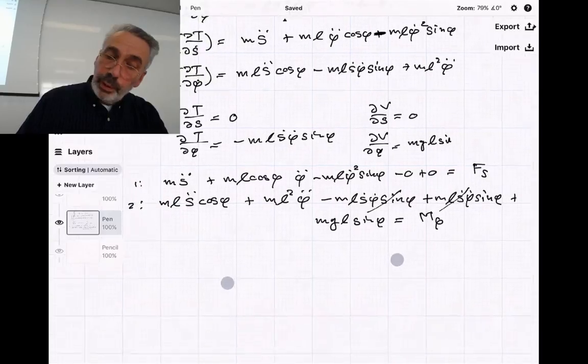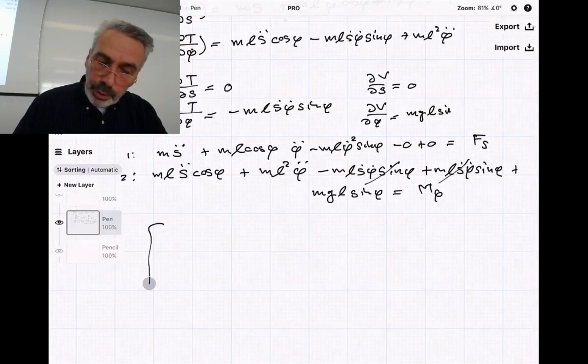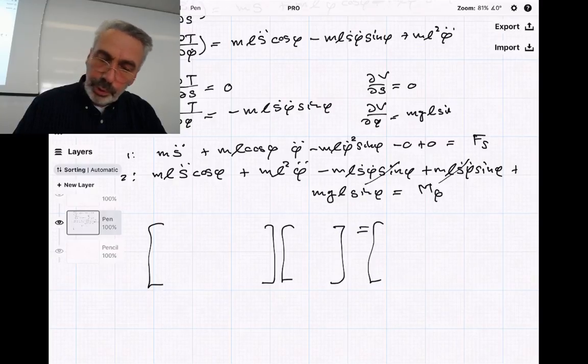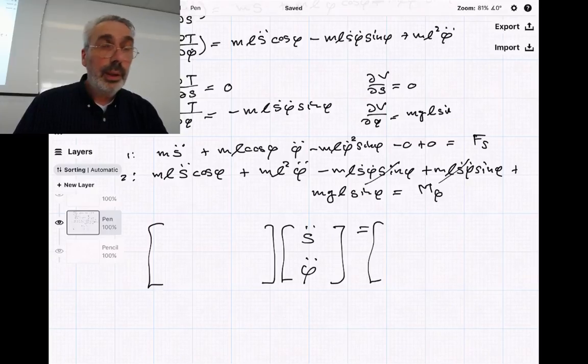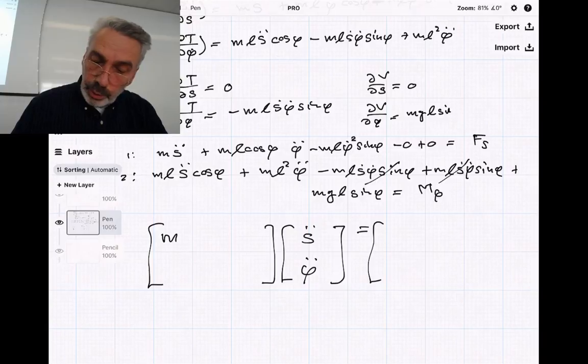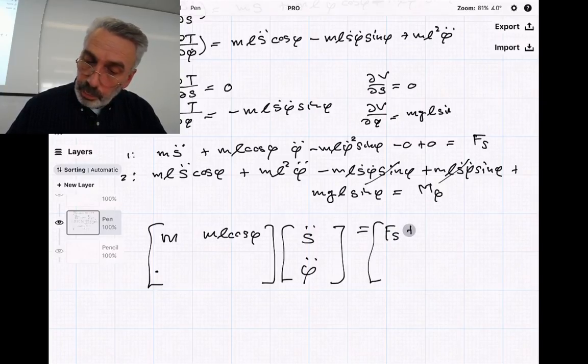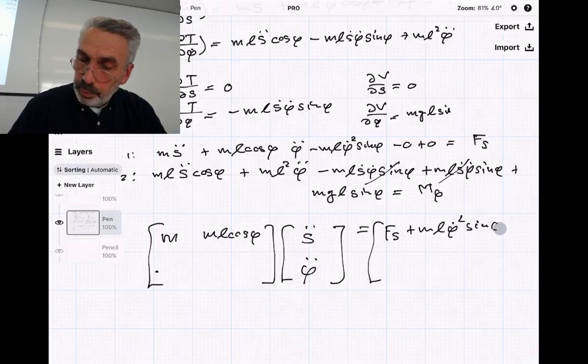And then finally we can write our answer as a nice mass matrix times acceleration equals forces. The accelerations are s double dot, phi double dot. Then the first term is of course an m, and then the second one is m l cosine phi. And then on the right hand side I have to push all the other stuff: F_s plus m l phi dot squared sine phi.